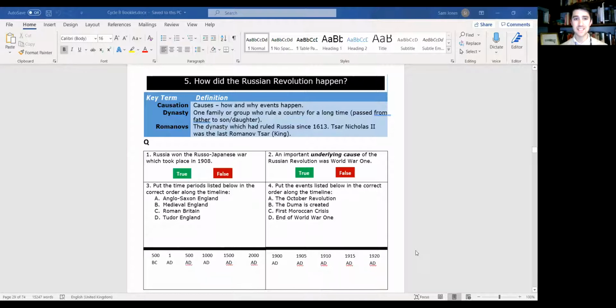Causation, dynasty, Romanovs. And then you're going to get on with the Quizlet task underneath. Answer questions 1, 2, 3, and 4. And with the timeline, you should be putting those in chronological order. Pause the video now and do that. It should take you at least 3 minutes.